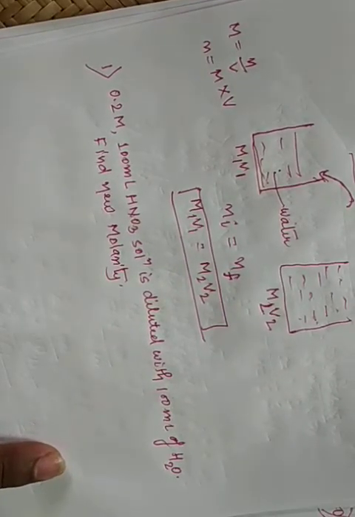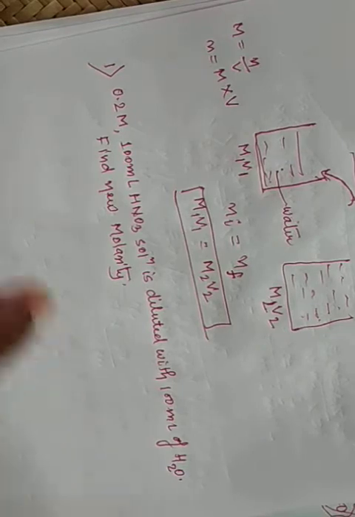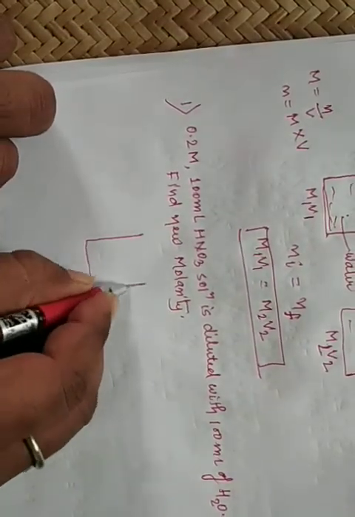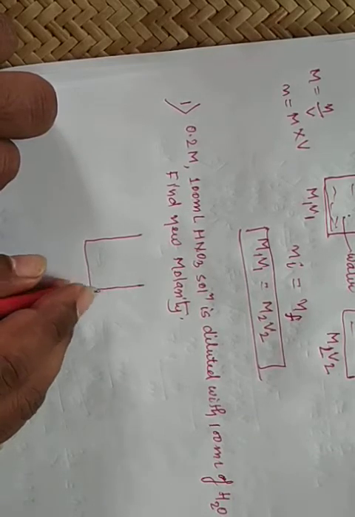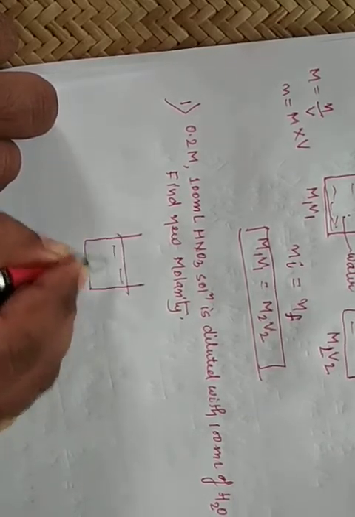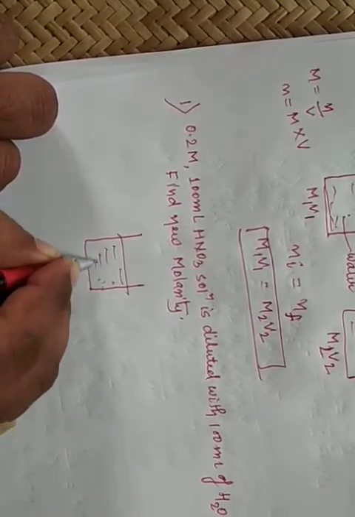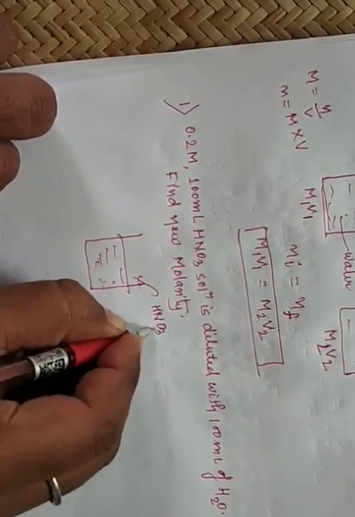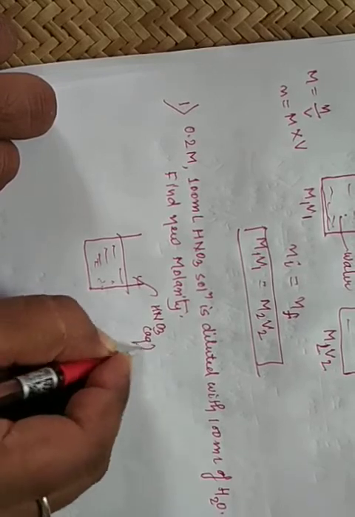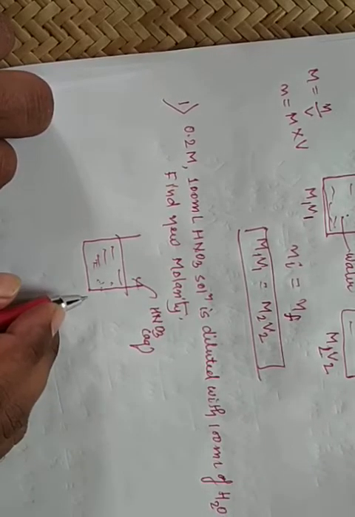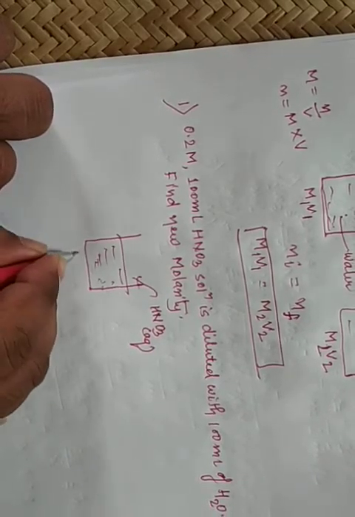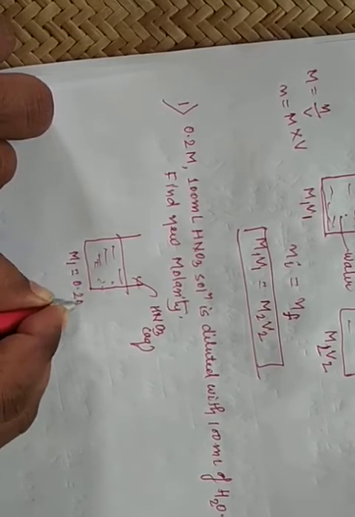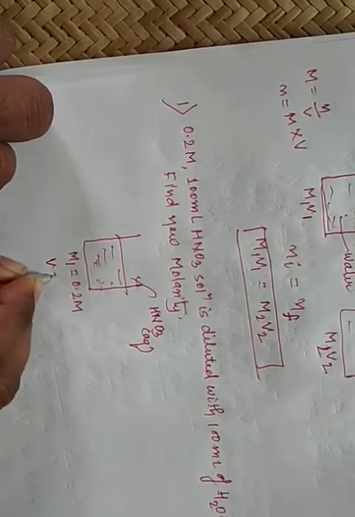So now suppose again there is a container with a solution of HNO3 aqueous, because HNO3 solution is given. The concentration M1 is 0.2 molar and the volume is 100 ml.